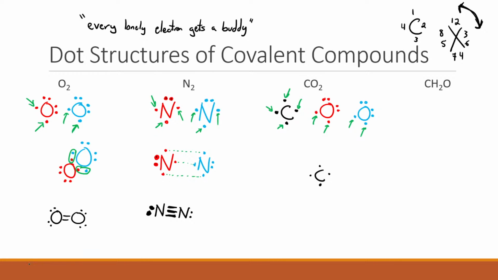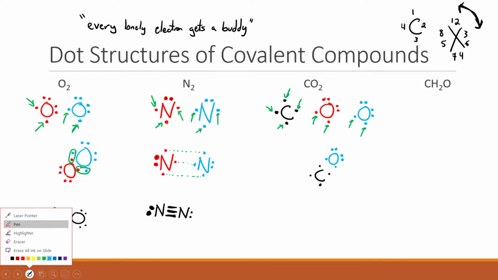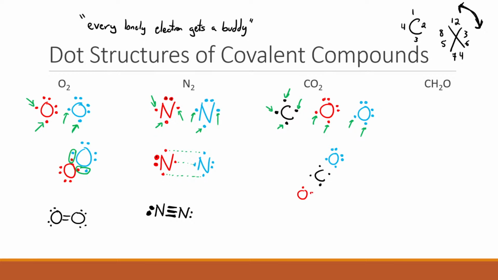Right. If I show you pretty much the same thing we did here with O2, except now there's going to be a carbon in the middle. Right, and we are going to end up with connections occurring here, here, here, here.